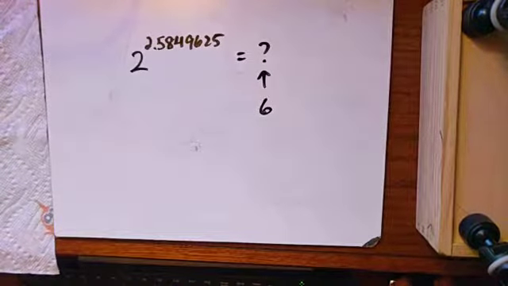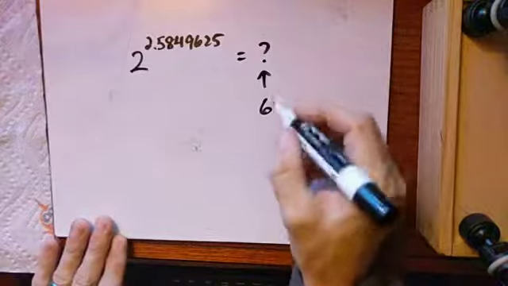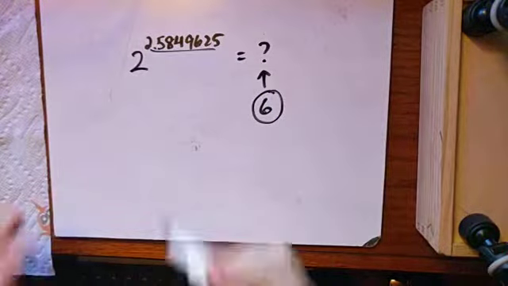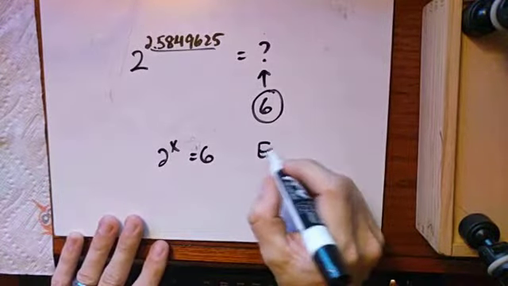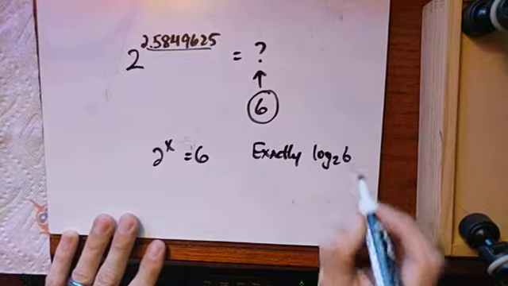So if I go in my calculator here and do 2 raised to the 2.5849625, sure enough, it equals 6, which means I got the right exponent. So again, the solution to 2 to the x equals 6, in exact form, is log base 2 of 6.